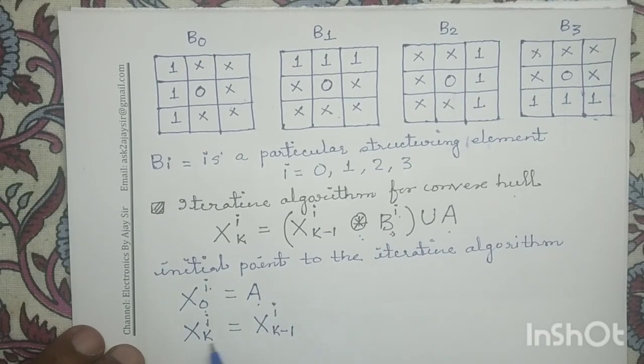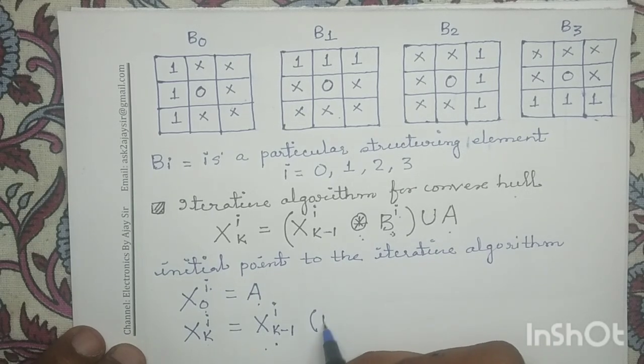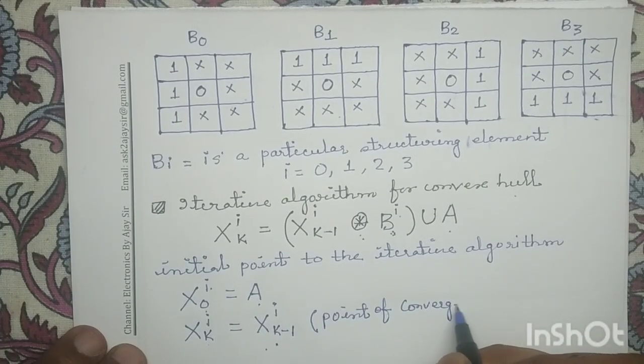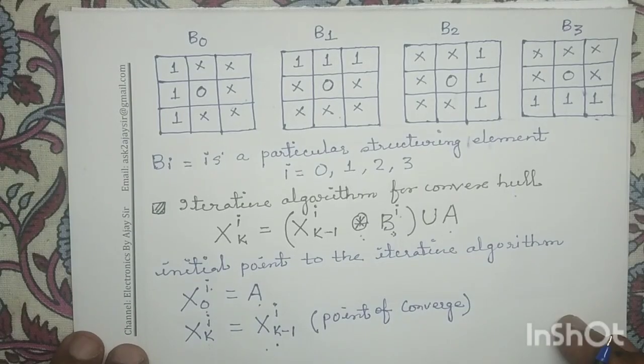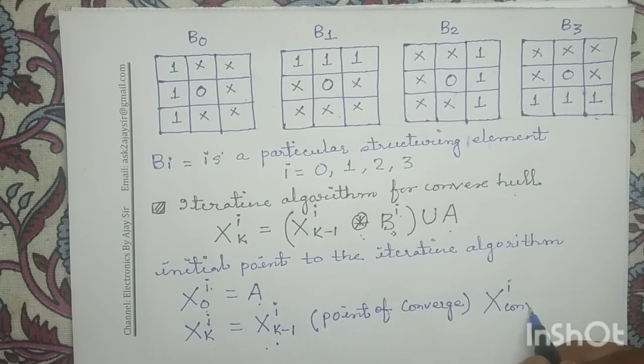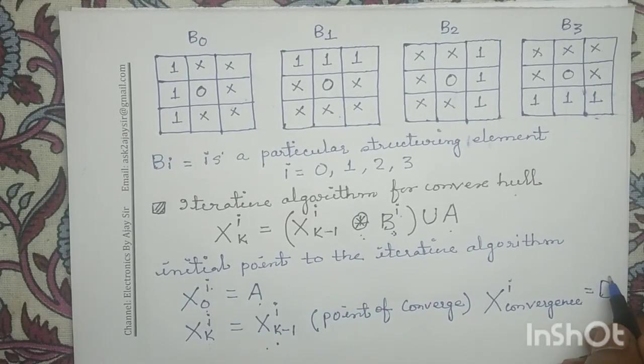It means when two consecutive iterations for a particular structuring element give the same output, we say we have reached our point of convergence. Let's suppose this point of convergence is represented as Di.